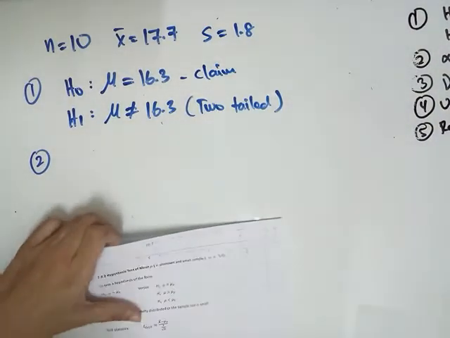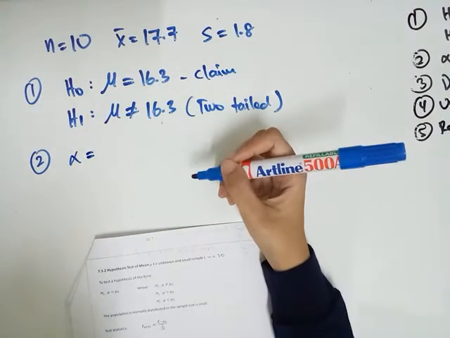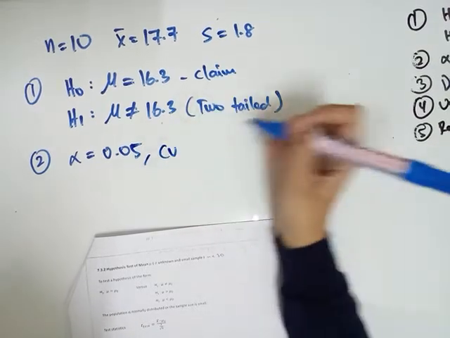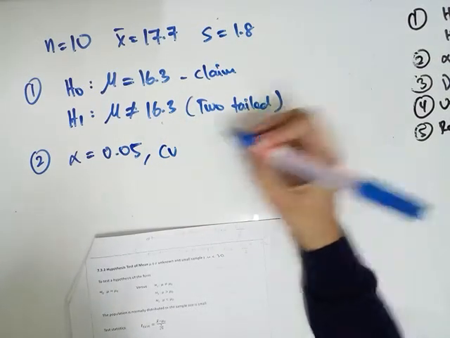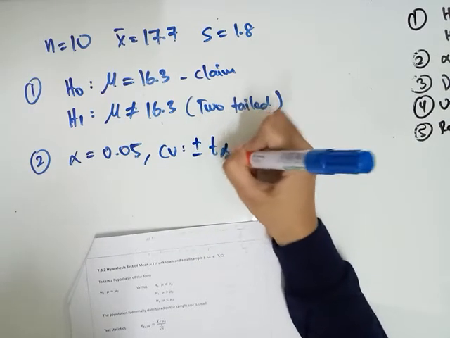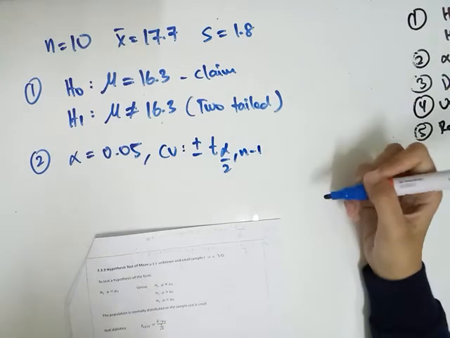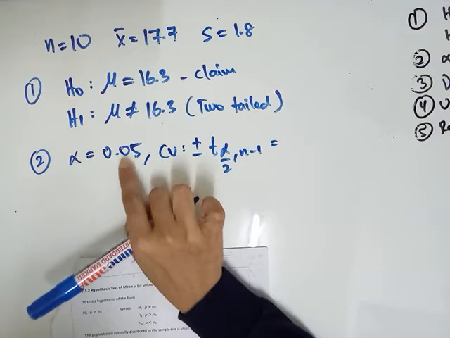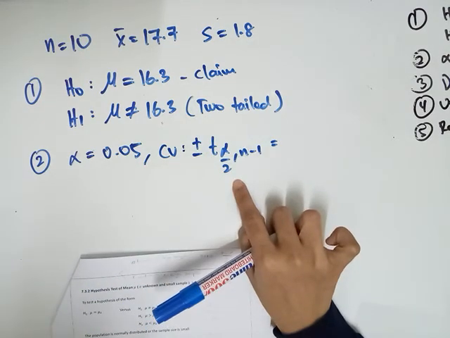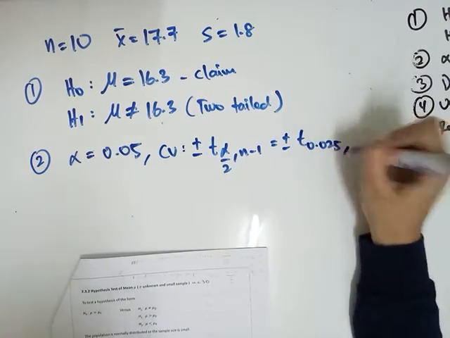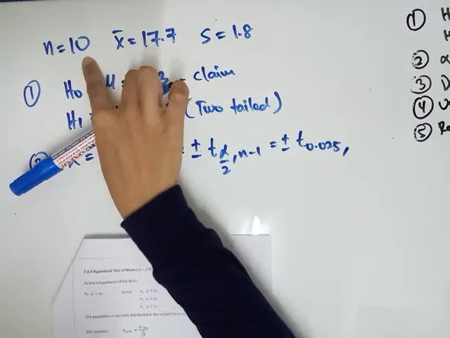Okay, and then second step, state the alpha. Alpha is 0.05. So the critical value, okay, we need to use the T value. Okay, since it is two tail, that means positive, negative T alpha over 2, n minus 1. Okay, so alpha, we know that alpha is 0.05. So divide 2, you will get 0.025. So positive, negative T, 0.025, n minus 1, we know that n is 10.